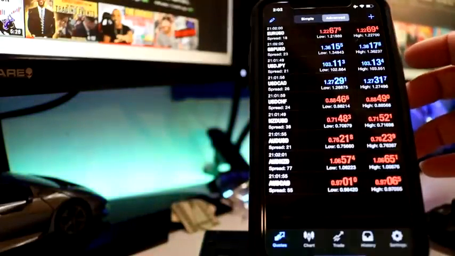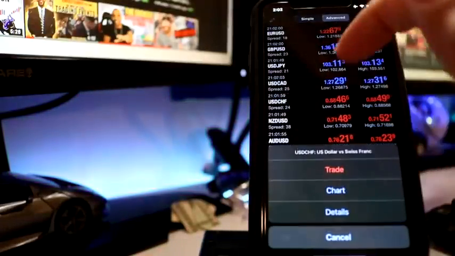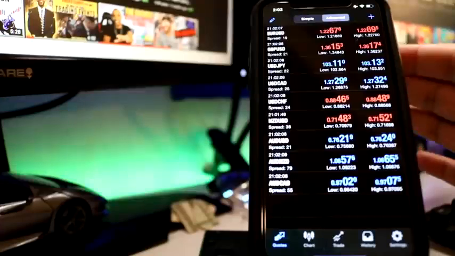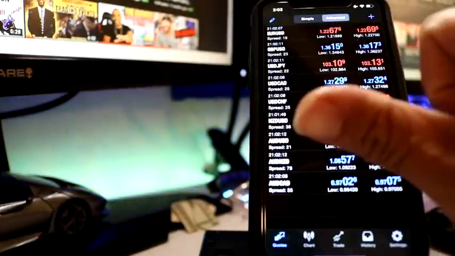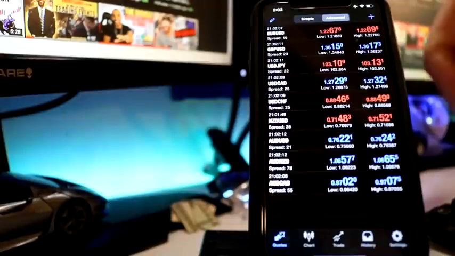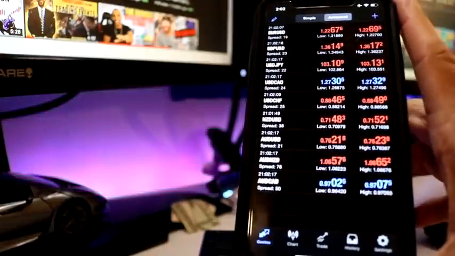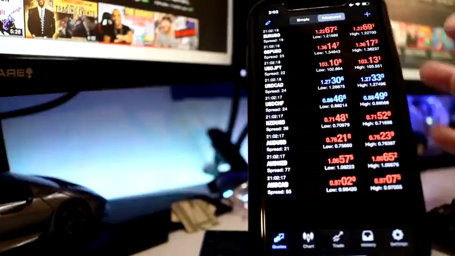So if I'm trading, let's just say USD CHF, and you don't see USD CHF on your broker, then your broker simply does not provide that. Now, that is a rare case, but I do know in some brokers you can trade indices, you can trade cryptocurrencies like Bitcoin, so on and so forth. In other brokers, you cannot, okay?